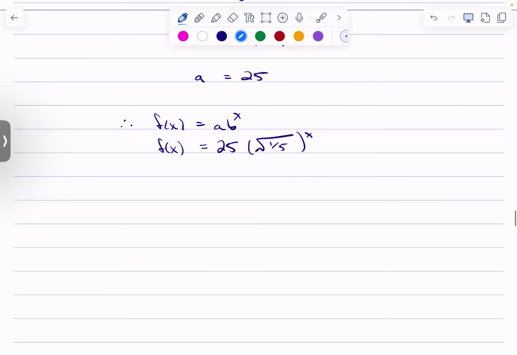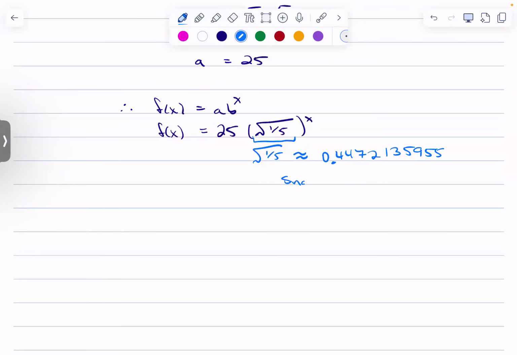But notice that the root of 1/5 is approximately 0.4472135955, which would be decay, right? Because it's between 0 and 1.